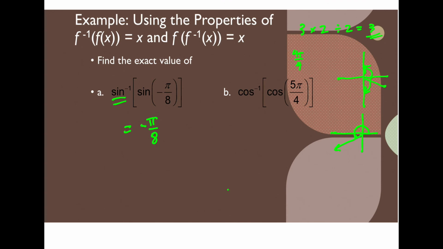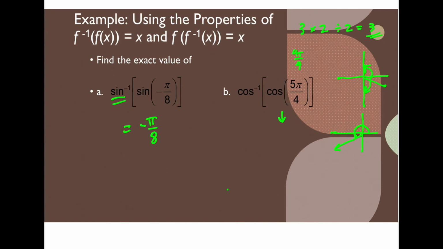We know that if we take the cosine of 5 pi over 4, we get negative root 2 over 2. That's what we get there. Cosine is negative in the third quadrant. Everything except for cotangent and tangent, in fact, are negative in the third quadrant. So then we have to take the arc cosine of that.